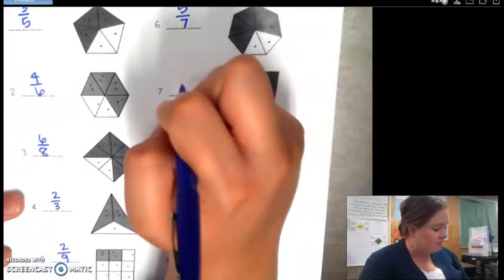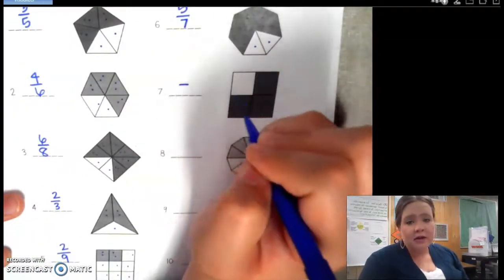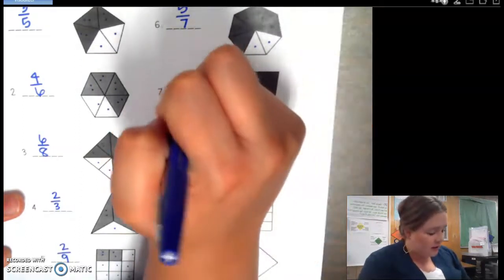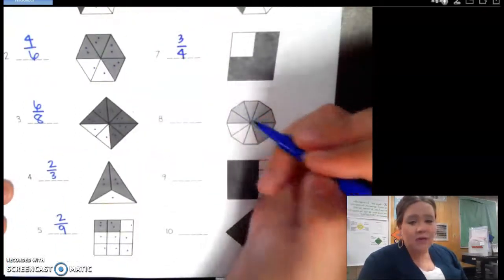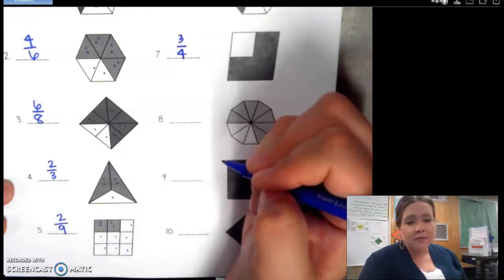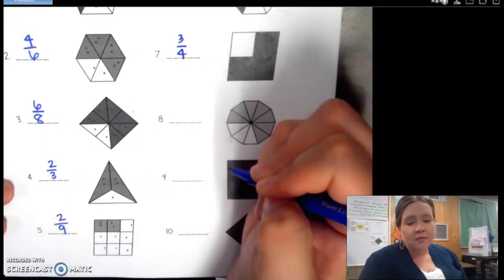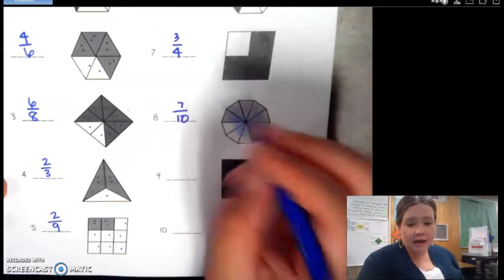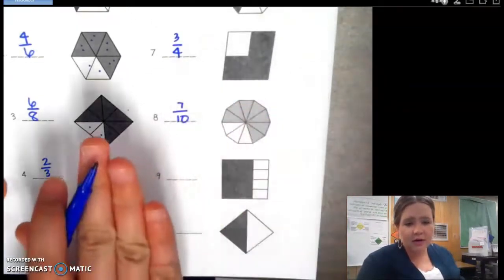Okay, number 7. What is that fraction being represented? Good. 3/4. Number 8. What fraction is being represented there? Awesome. 7/10. Number 9. Sorry, there's such a terrible glare.